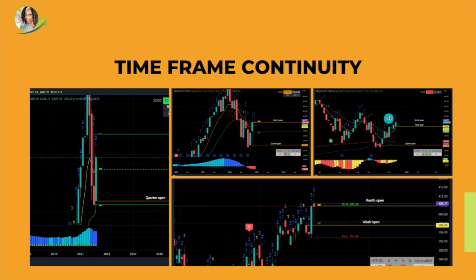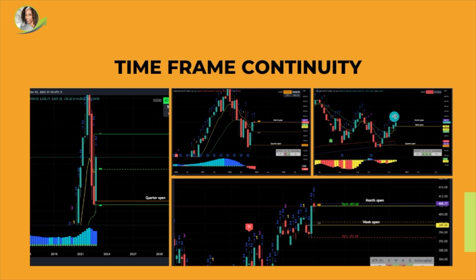Then you want to go down to your week. You will only have to draw the month once a month when it opens, but you will have to change the weekly one every week, of course. After you have that, you will see where it is in relation to a smaller time frame. The quarter is down here. The month opened here, but we're below the month, which is why over here the month is red.